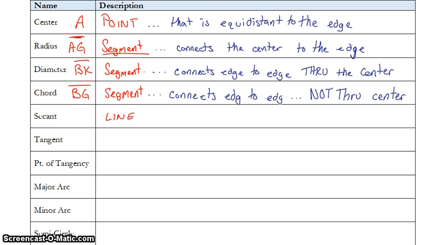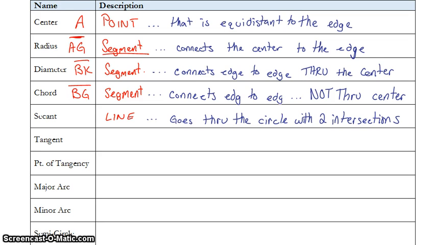I would write here that this is a line that goes through the circle with two intersections. This time if I scroll down, it's in number 6, so we're kind of skipping number 5.